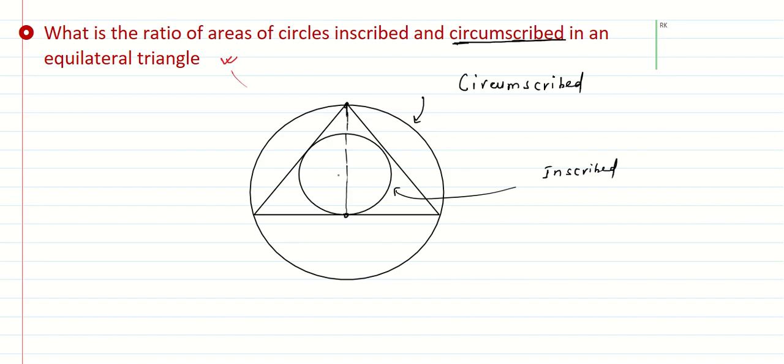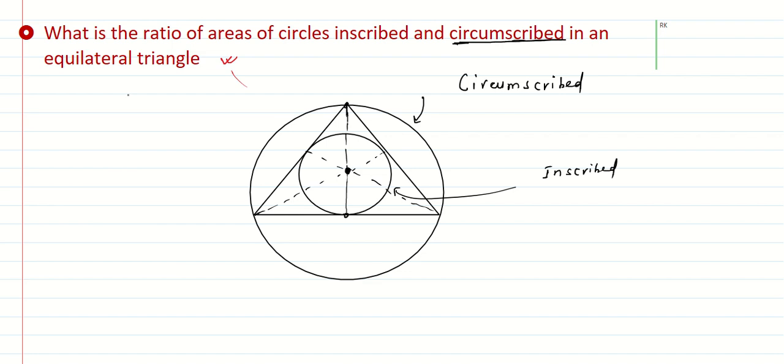And do you know the median bisect each other in what ratio? Right? Always remember the median bisect each other 1 is to 3. Is it? 1 is to 2.